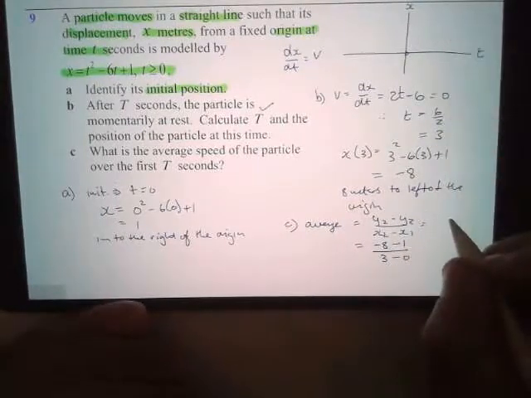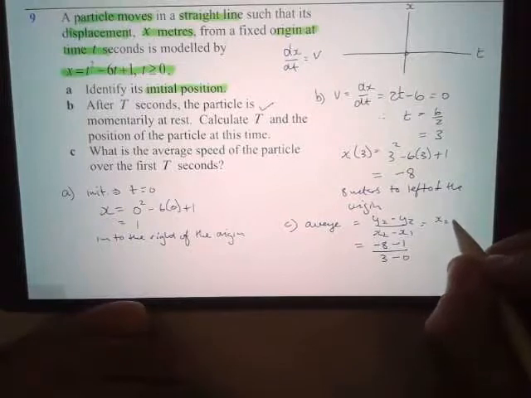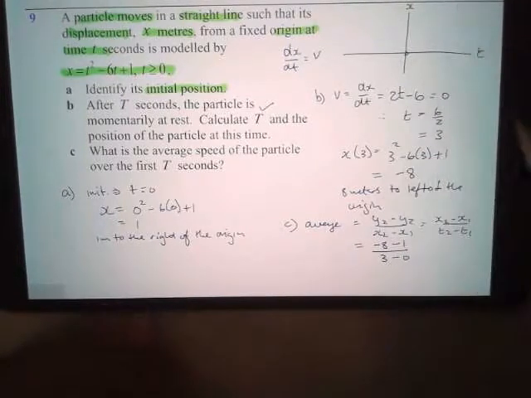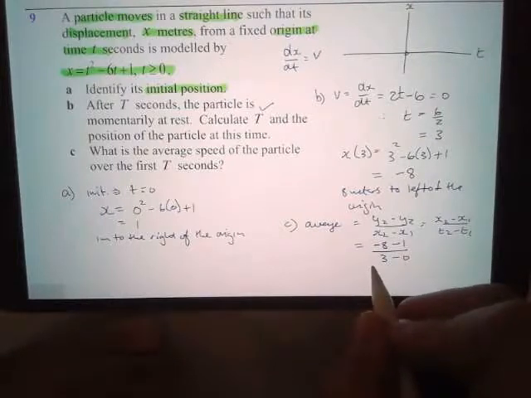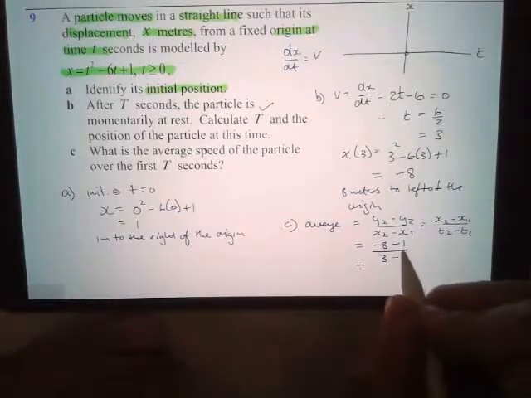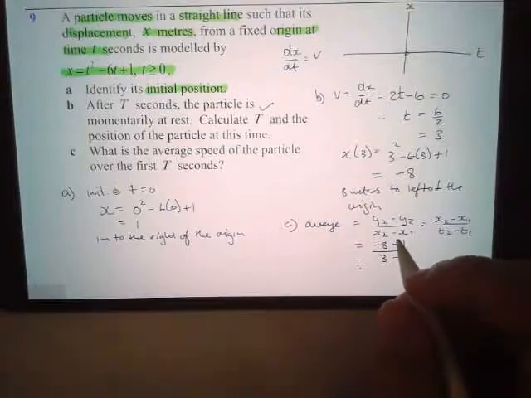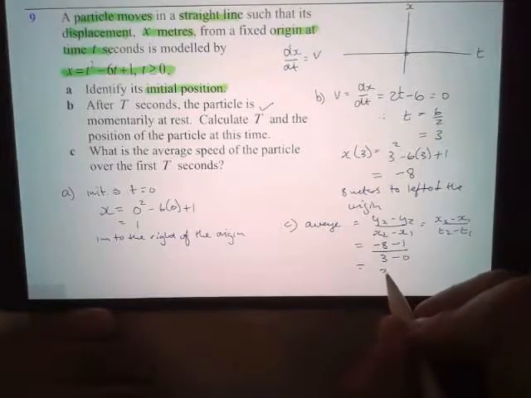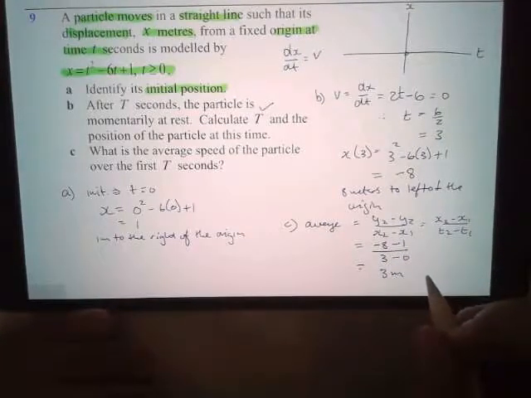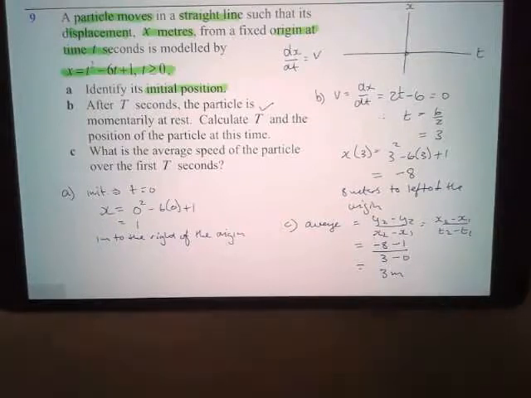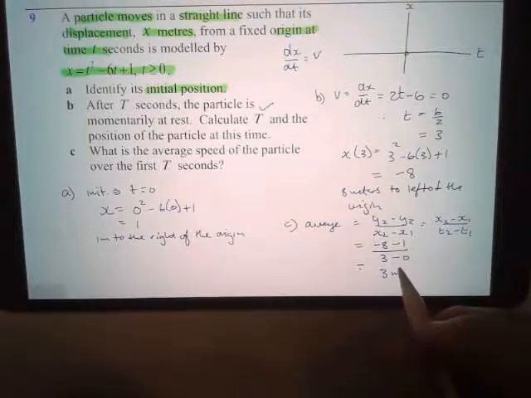So it is x2 minus x1 divided by t2 minus t1 according to our graph here, which is minus 8 minus 1. That is minus 9 divided by 3, and that gives us minus 3 meters per second.